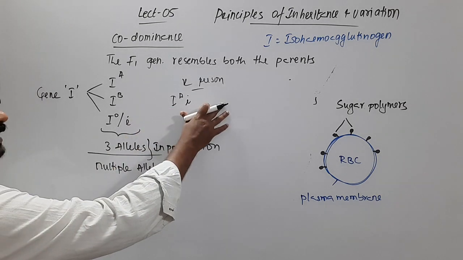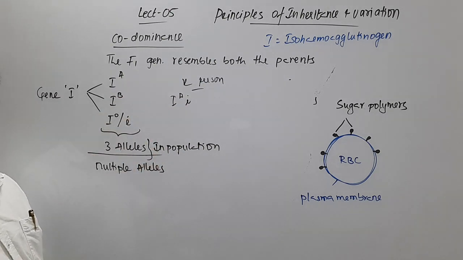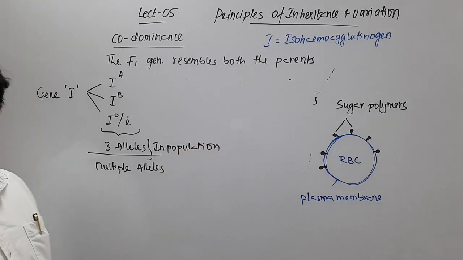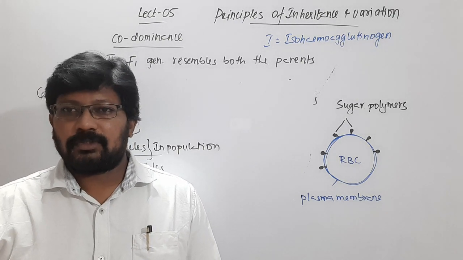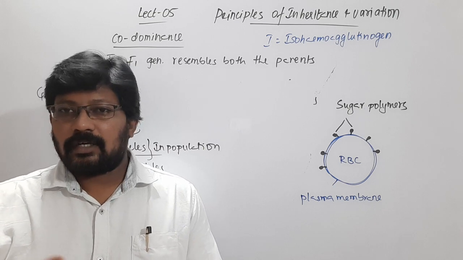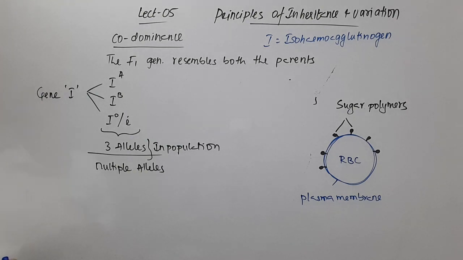So at an instance, only two out of these three alleles will be present in a person. Because humans are not triploid, we are diploid organisms, hence the genes will be present as a pair of alleles, that is only two copies.